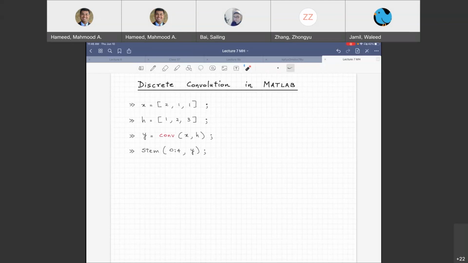It's the same convolution operation, but when you say 0 to 4, instead of a step of 1, 0, 1, 2, 3, 4, you say 0 to 4 in steps of 1 millisecond. Then you get what the continuous time convolution is going to look like. So it's a way to approximate that, not evaluate that.